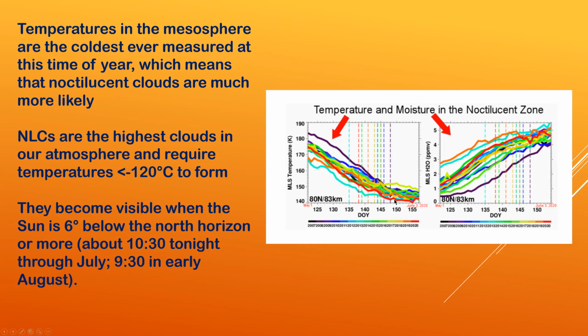This goes back to 2007. So in effect, we're setting record cold temperatures in the mesosphere at around 140 degrees Kelvin, which is minus 133 Celsius.